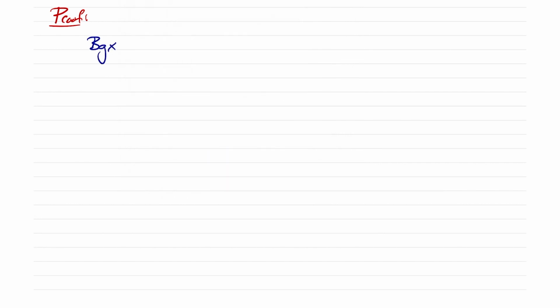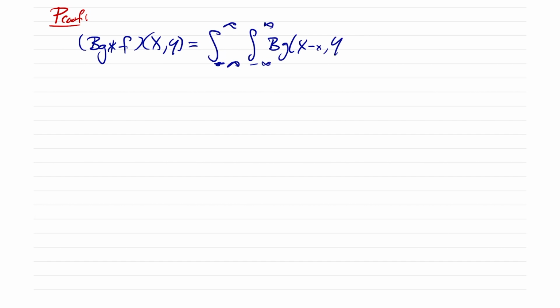The back projection of G applied to F, convolved with F, evaluated at big X, Y. Just expanding definitions, this is the integral from negative infinity to infinity and the integral from negative infinity to infinity of BG of big X minus little x and big Y minus little y, dot F of xy, dx dy.